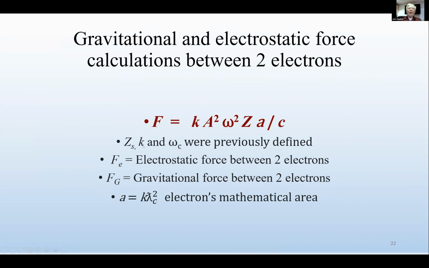Previously I worked out the impedance, the numerical constant, and the Compton angular frequency. Now I'm going to be dealing with two different forces, the electrostatic force between two electrons and the gravitational force between two electrons. The area that I'm going to use is the Compton angular wavelength squared times the numerical constant.